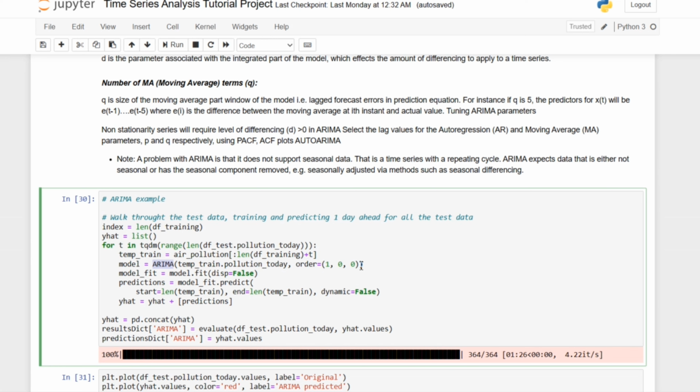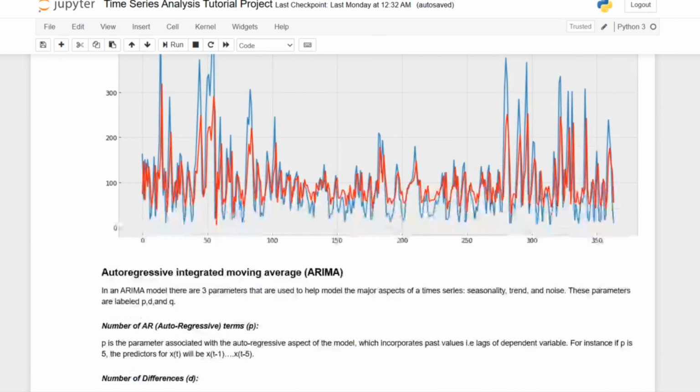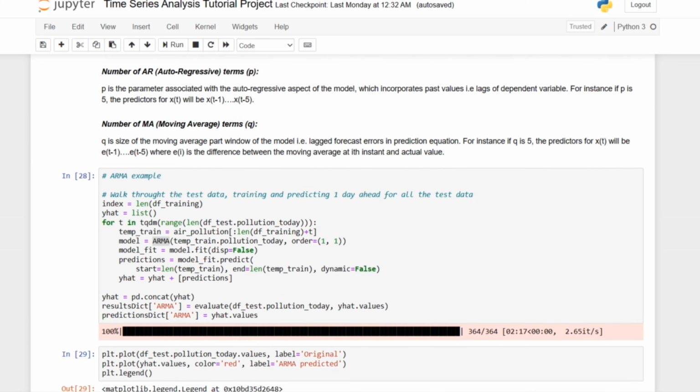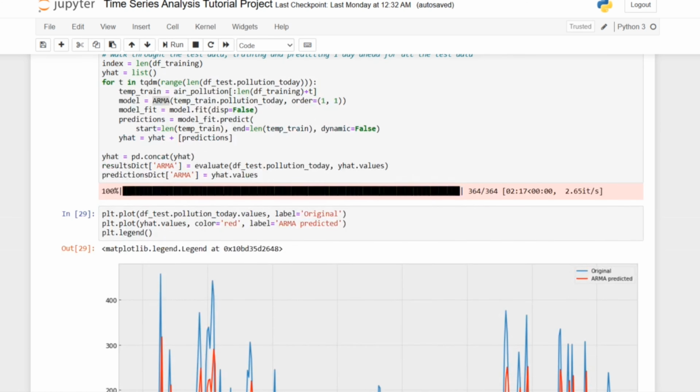So here we have the order as 1, 0, 0, and earlier we have the values for P and Q as 1 and 1, where P represents one lag of past values and Q represents one lag.